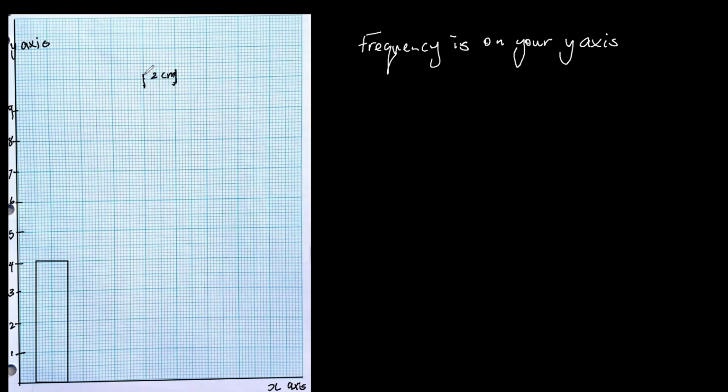Half of the box is 1 centimeter. All right, so keep that in mind. In your histogram, your boxes must be equally spaced. So we're going to make them 1 cm apart.